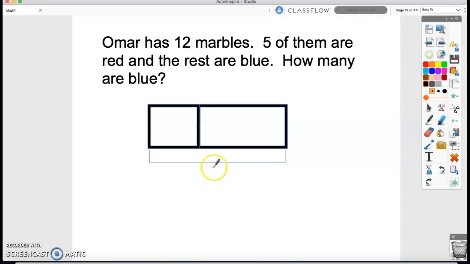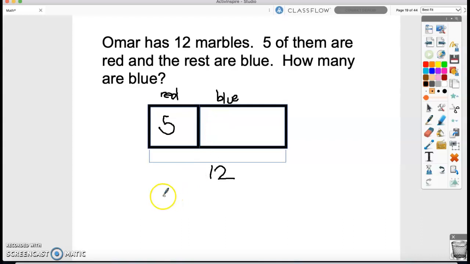So I know that Omar has 12 and no more than 12. I want to know the red ones. He has red marbles and he has blue marbles. Well, I know he has 5 red marbles because the problem told me. And the blue marbles are the ones that I'm trying to find.